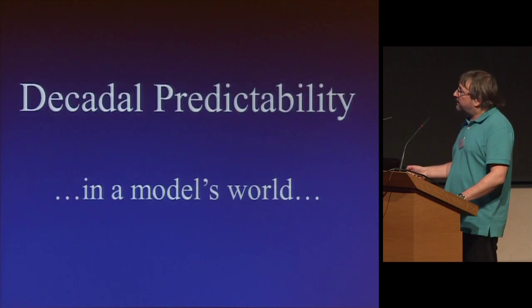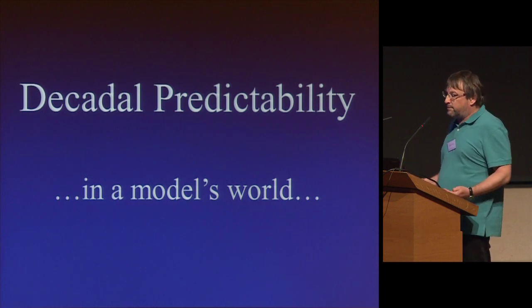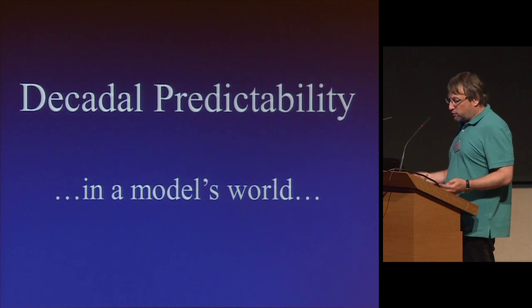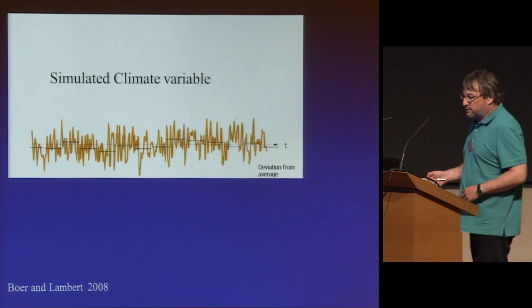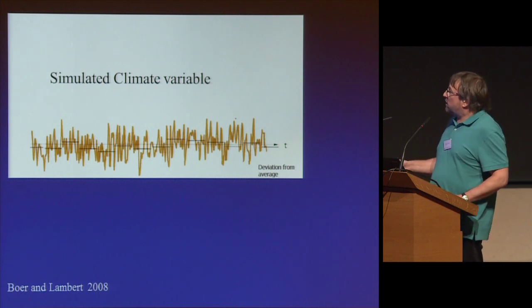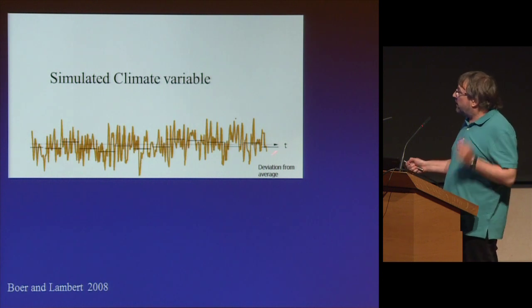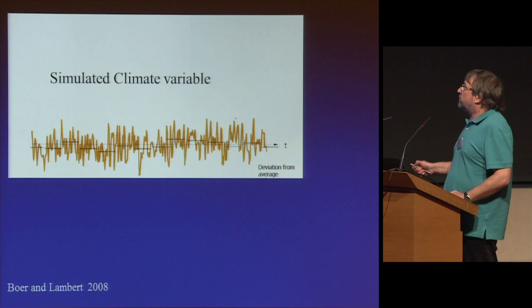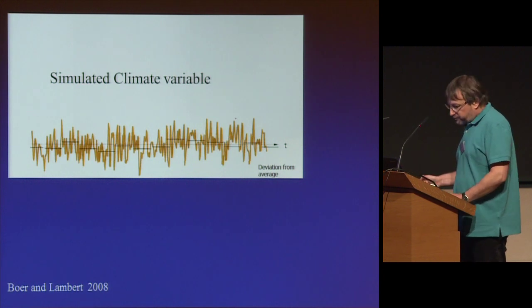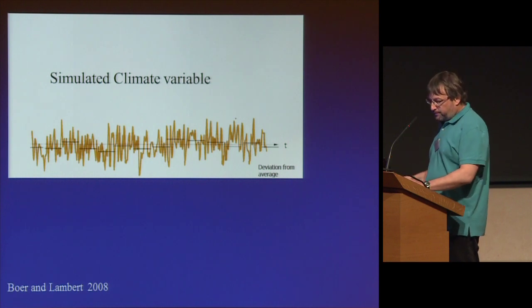So I will enter the subject by saying a few words about decadal predictability in a model's world, because it is not easy to do it with observations, as will be explained later. If you imagine that you have a climate variable that is simulated by some models over a period sufficiently long to be able to compute decadal deviations from the long-term average, you are able to compute the variance of this decadal signal.